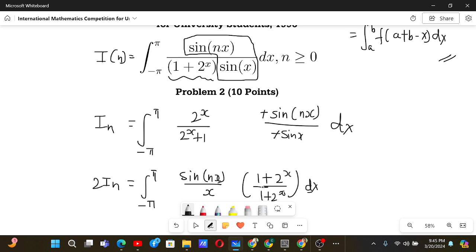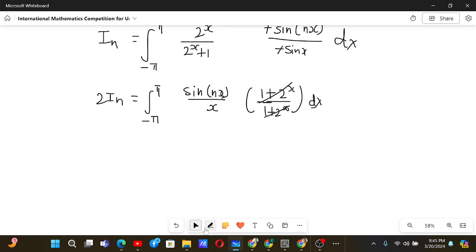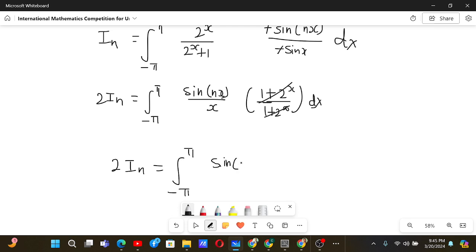Now this cancels out, and so we get 2 I of n is equal to the integral from minus pi to pi of sine of nx by x dx.